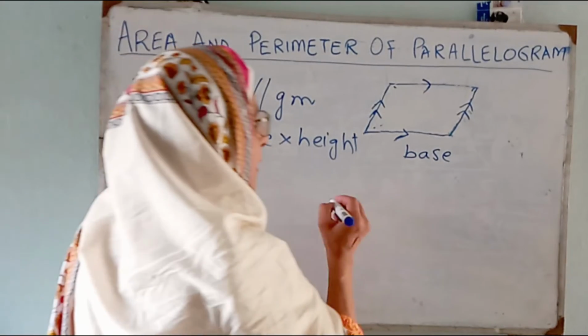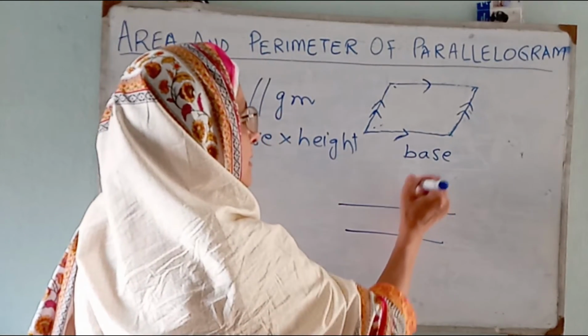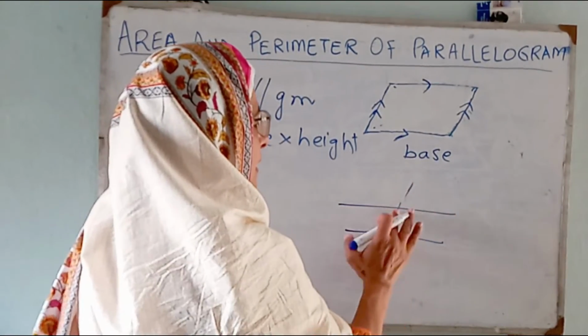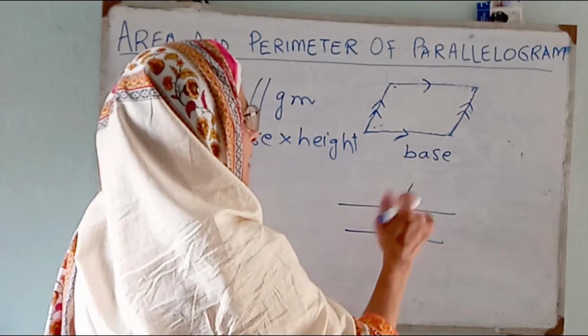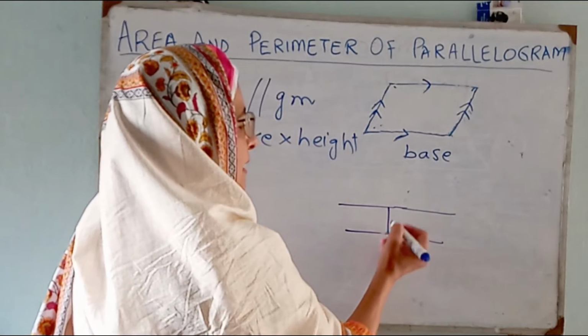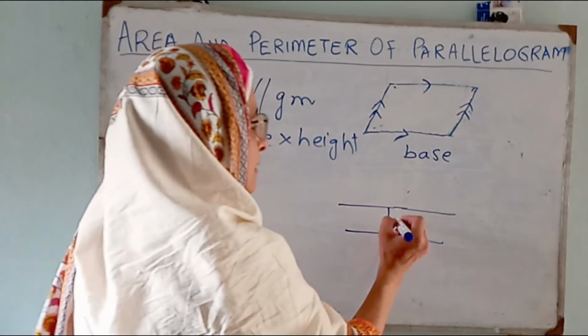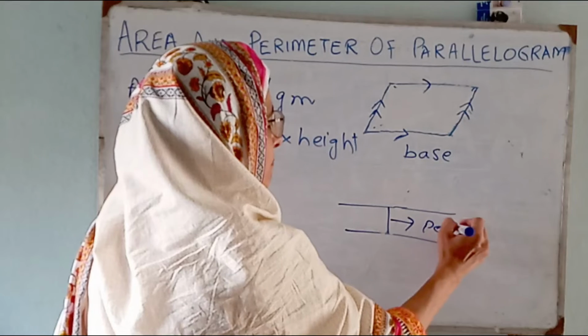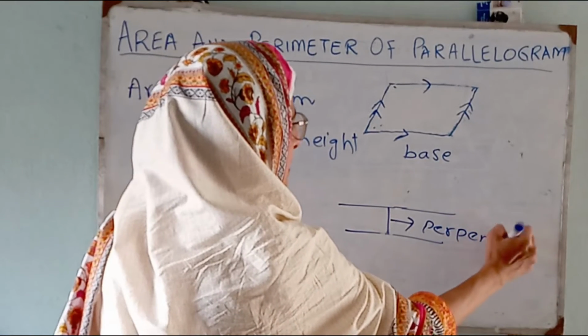If we have two parallel lines and there is a line between them making a 90-degree angle, this is a perpendicular line. Perpendicular means a 90-degree angle.